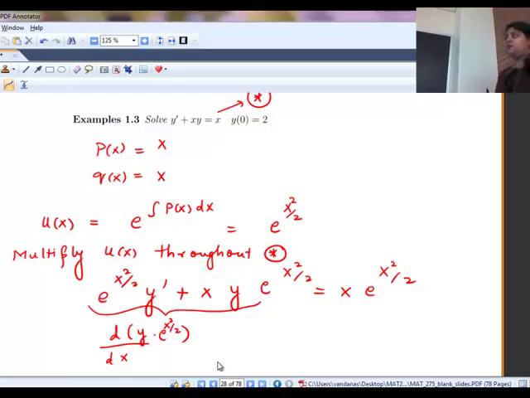Is it right? This whole left hand side is nothing but derivative of y times integrating factor. Because if you see, this function times y prime plus y times, what is the derivative of e to the power x square over 2? e to the x square over 2, and then derivative of this is 2x divided by 2, which is x, right?